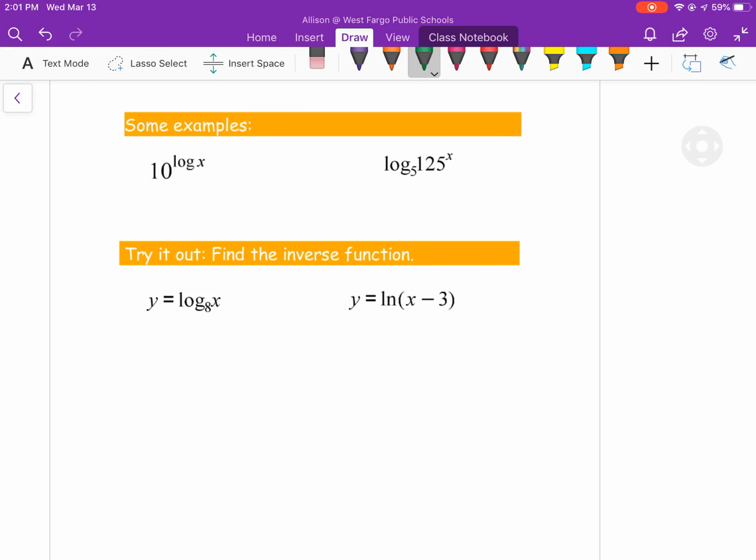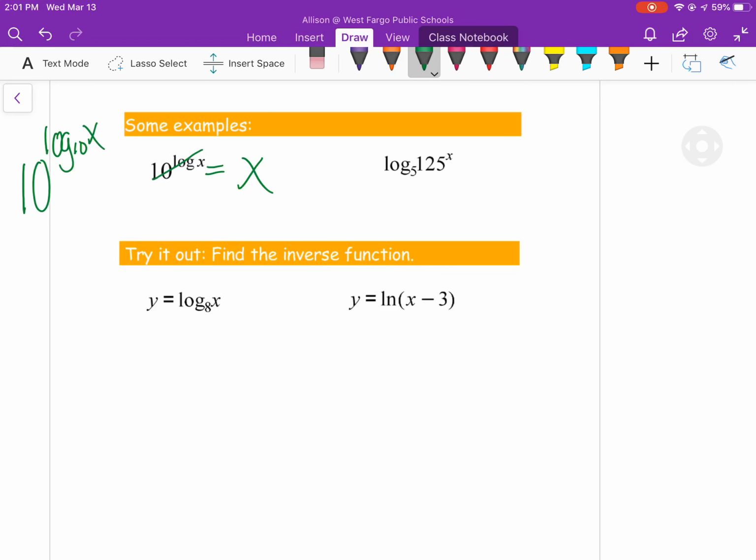So, for example, if you have 10 to the log base 10 of x, remember that log of x is really log base 10 of x, then the exponent and the log kind of cancel, and it's just equal to x.